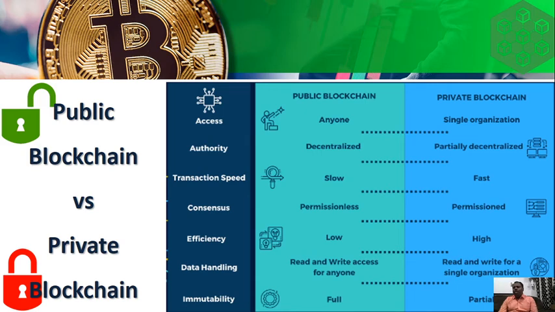There are a few differences between the private and the public blockchain. A public blockchain is accessible by anyone, whereas private belongs to a single organization. It is decentralized in public blockchain, and in private it is partially decentralized. Public is slow because everybody has access to everybody else.